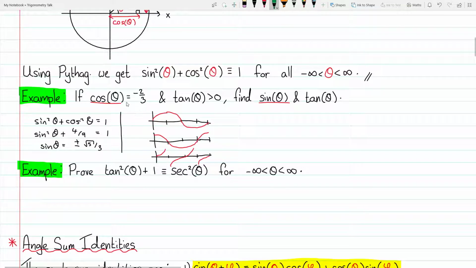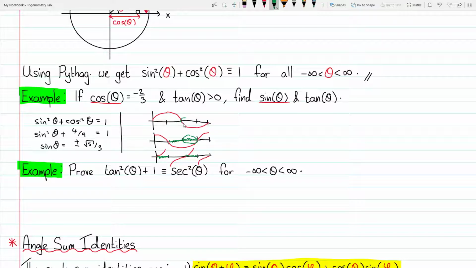Well, we know that the cosine is negative. Okay, so this is the cosine. So if it's negative, our angle must be within this region. And we know that the tangent is positive, so our angle must also be within these two regions, because notice that the red line is above the x-axis, therefore it's positive. Well, what does that mean? If it's in these two regions, then it must be in this region, right?